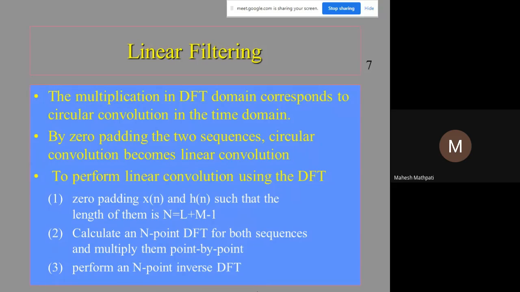Second point, calculate an N-point DFT for both the sequences and multiply them point by point.